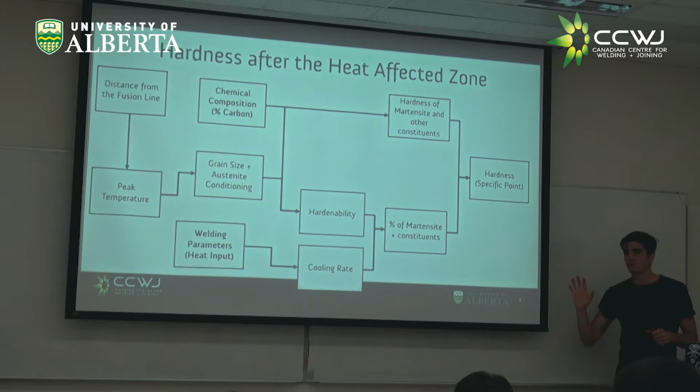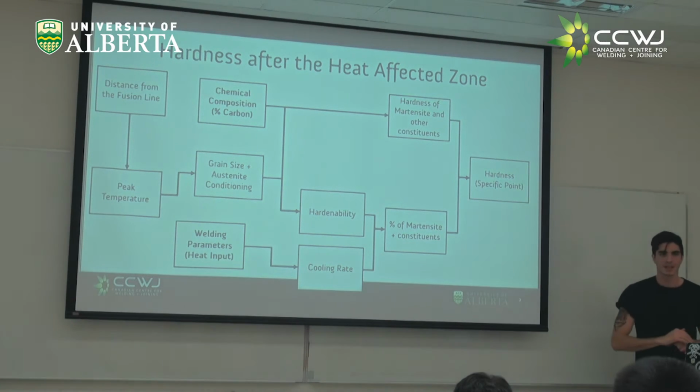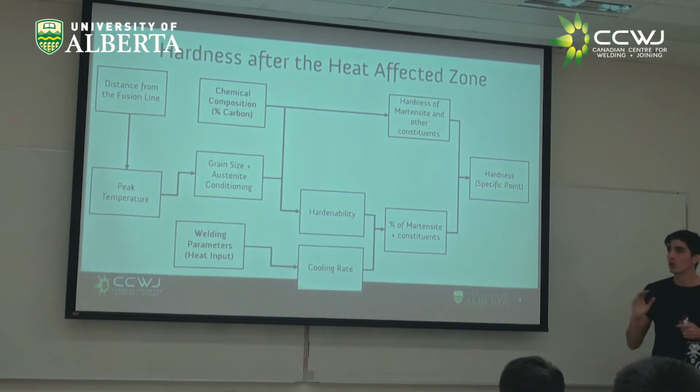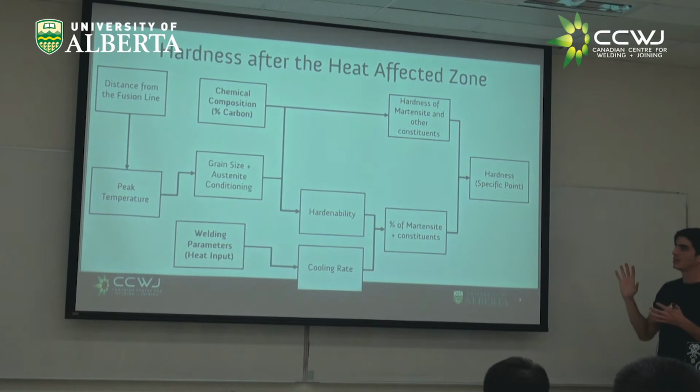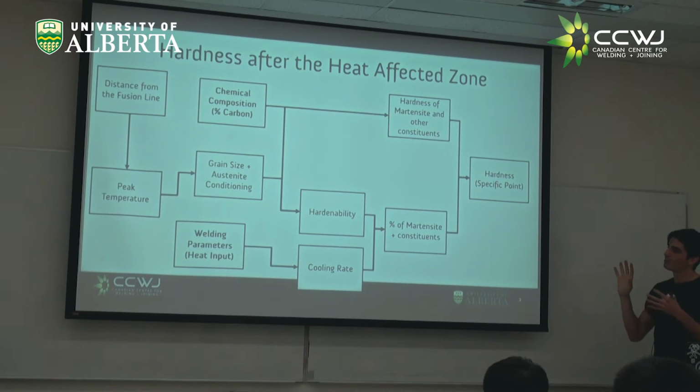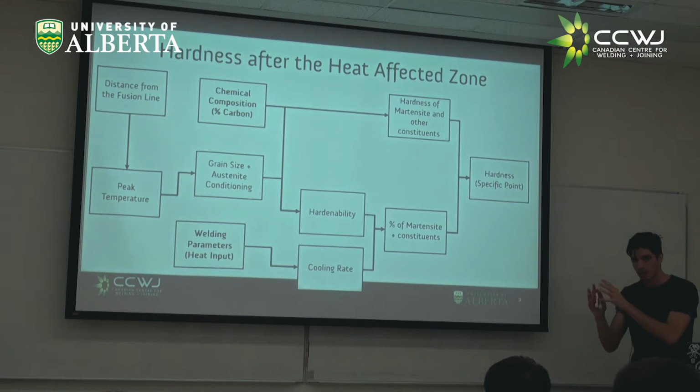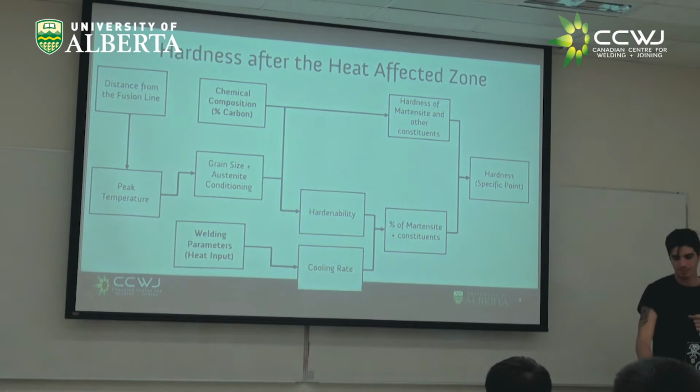That's true. But you don't have the same peak temperature, and that's going to play a role, right? So this is all the variables in a nutshell of what you have to keep in mind when you want to predict hardness of a weld, okay?